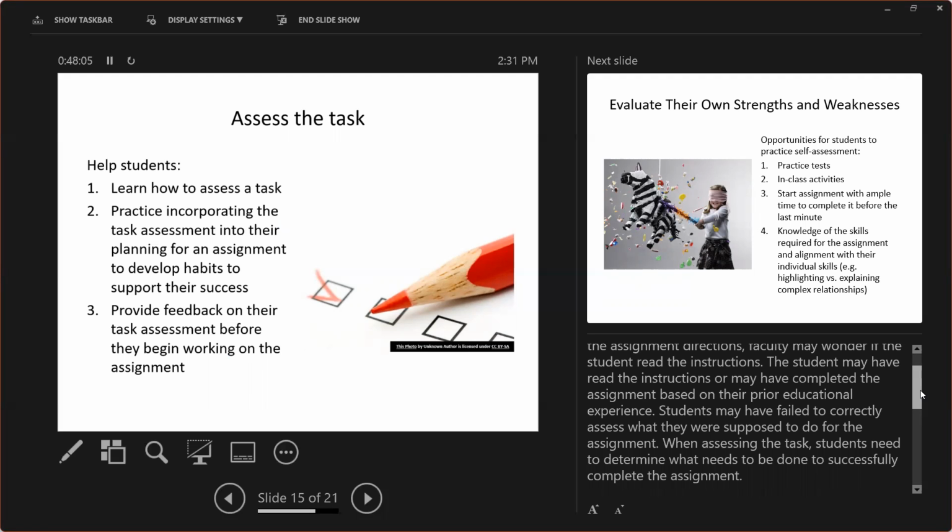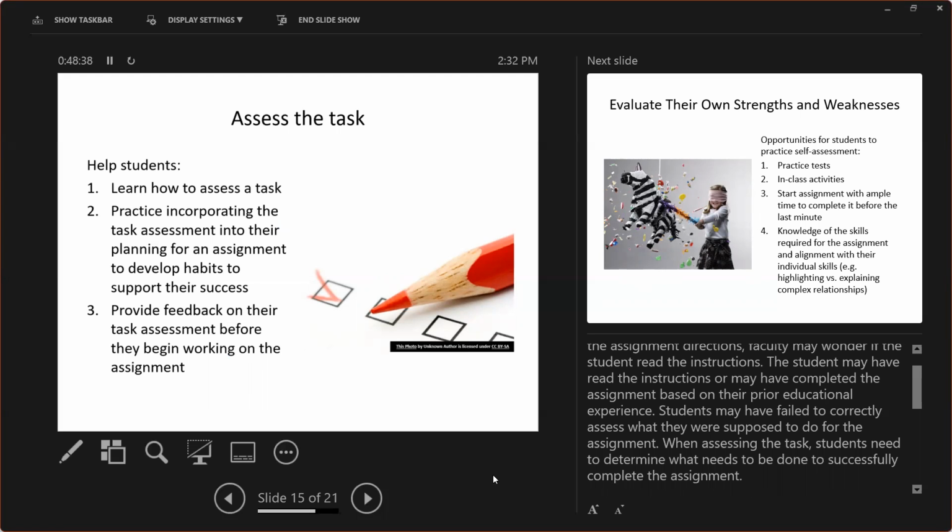So they may think that, okay, I'm supposed to write a paper about this nursing topic or this kinesiology topic, so they know that they have a written assignment, and they go back to their prior experience and they say, okay, I'm supposed to share everything I know about this topic, because that's what we were expected to do in my prior course, or that's what we were expected to do in high school.